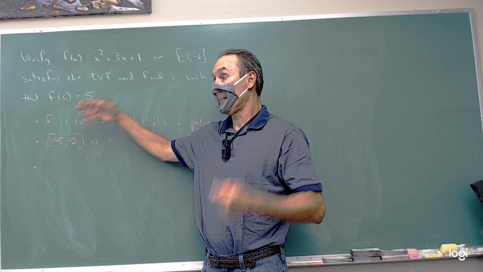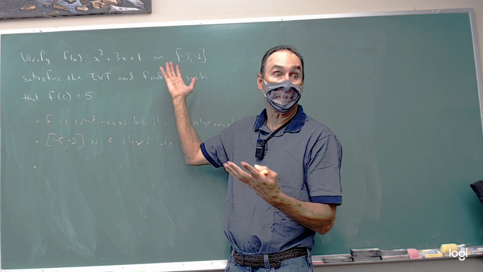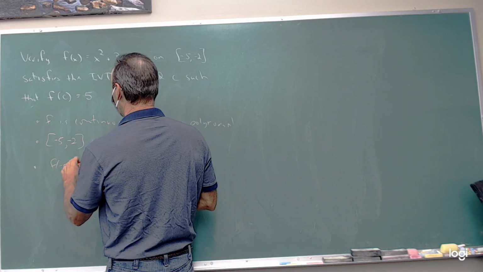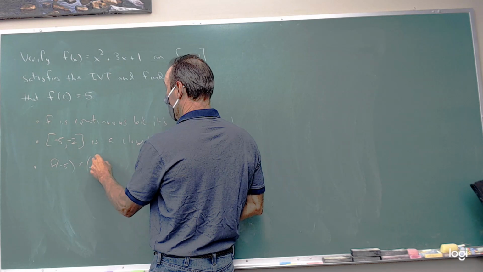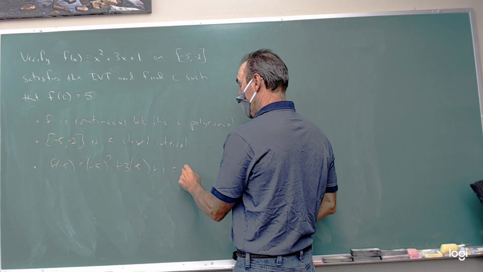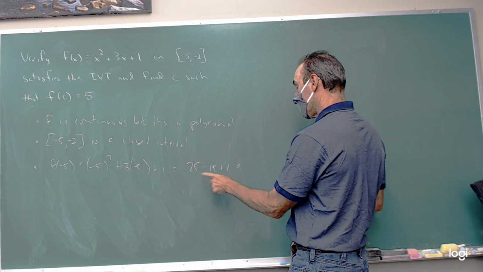Now this 5 has to be in between f of a and f of b, which means you've got to figure out what f of a and f of b are. So f of -5 is going to be (-5) squared plus 3 times -5 plus 1. That's 25 minus 15 plus 1, so that's going to be 11.